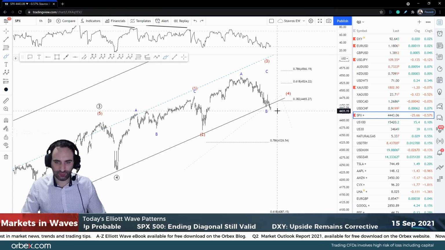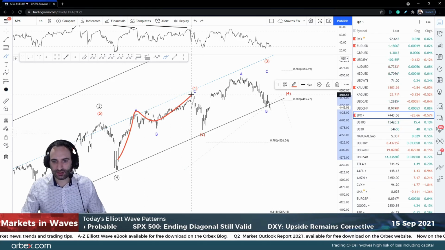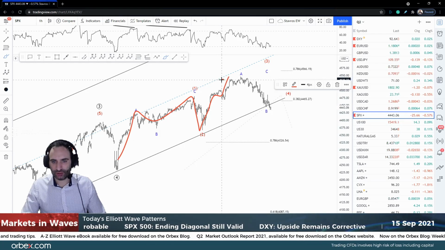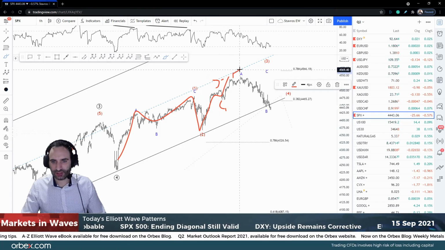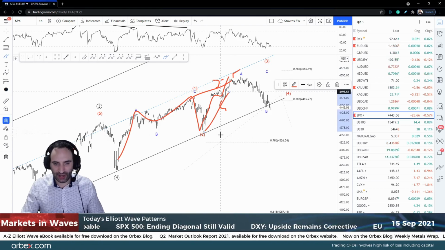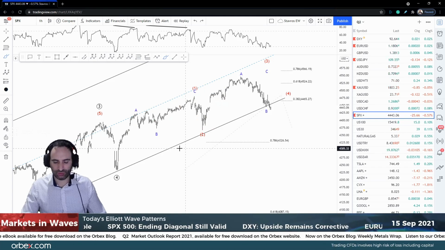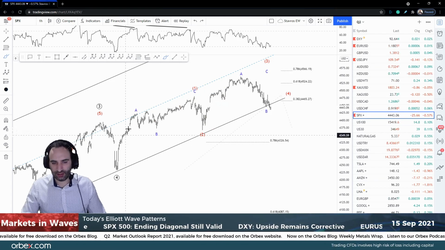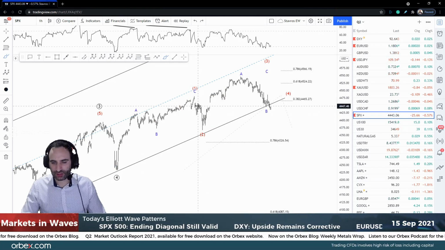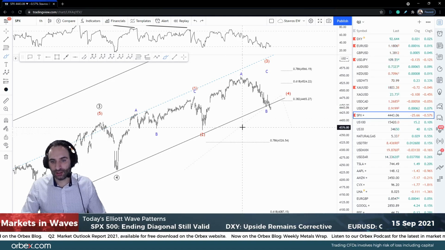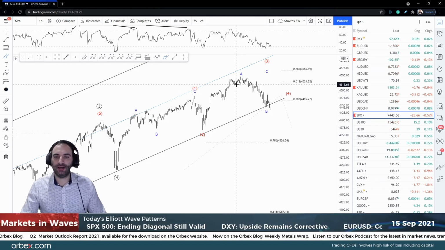It could be a simple false break. Otherwise, the chances of this having ended are going to be high. So the 3 is here, the 4 is here, and the 5 is here. A very ugly diagonal in terms of the longevity of wave 1, for example, versus the 3 and the 5. But nevertheless, it's what we get.